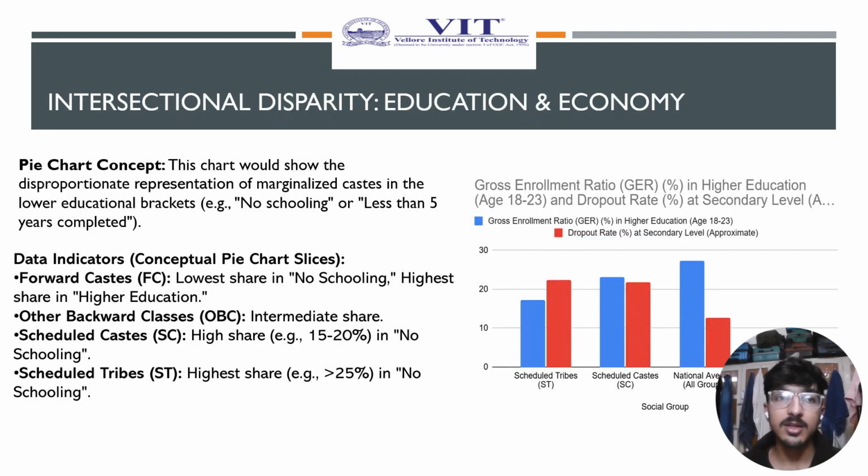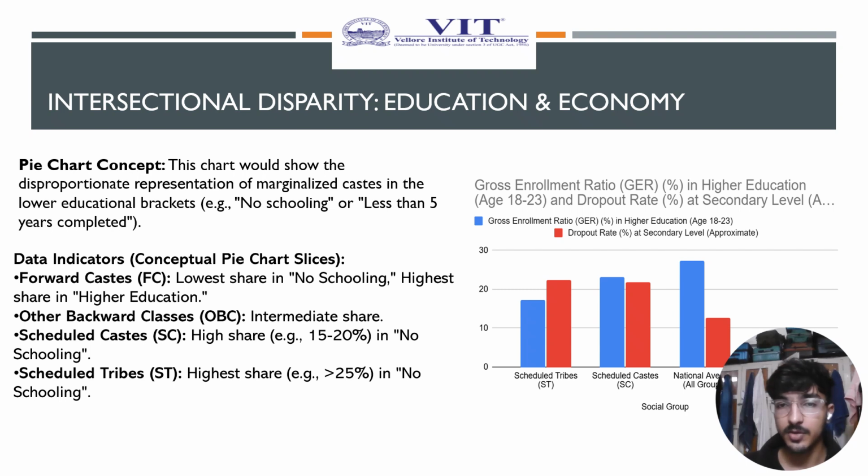Now, when you look at the pie chart that I've made, it is for the education and economy aspect of the community, in which I have shown the enrollment ratio for higher education, in which I have compared the Scheduled Tribe, the Scheduled Caste and the national average.